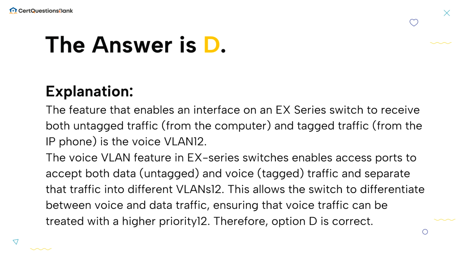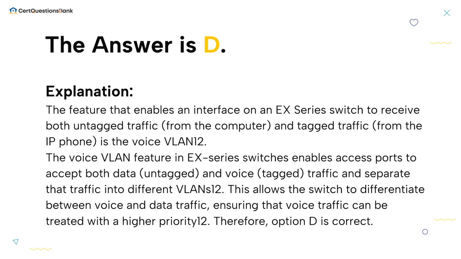The answer is D. The feature that enables an interface on an EX-series switch to receive both untagged traffic from the computer and tagged traffic from the IP phone is the Voice VLAN.